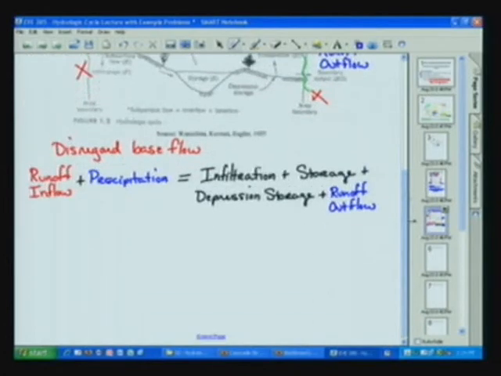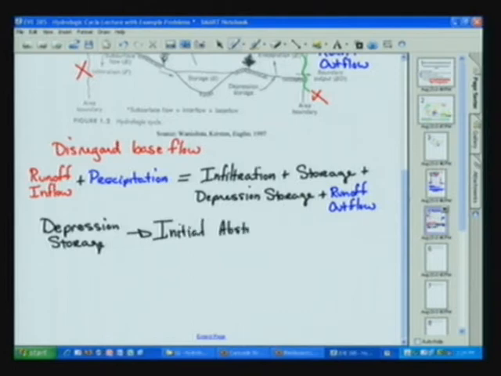Now on this depression storage, the fancy word for it is initial abstraction.